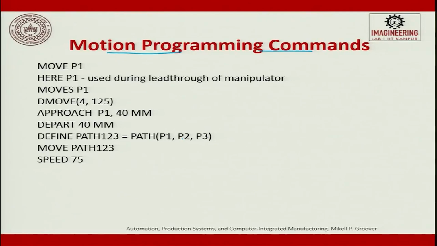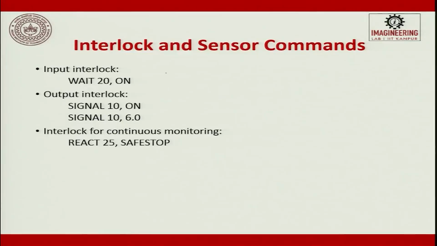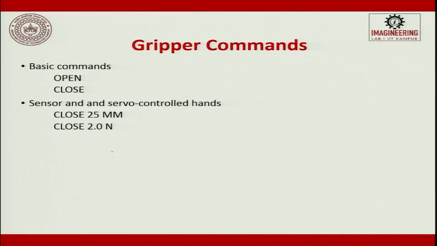P1, P2, P3 will be defined earlier; MOVE PATH 1 with a speed of 75. So, this is motion programming, where lead through is one way and this is motion based. Then interlock and sensor commands are given: WAIT 20 seconds or 20 milliseconds, SIGNAL 10 ON, SIGNAL OFF, then REACT, SAFETY, STOP, yes, no.